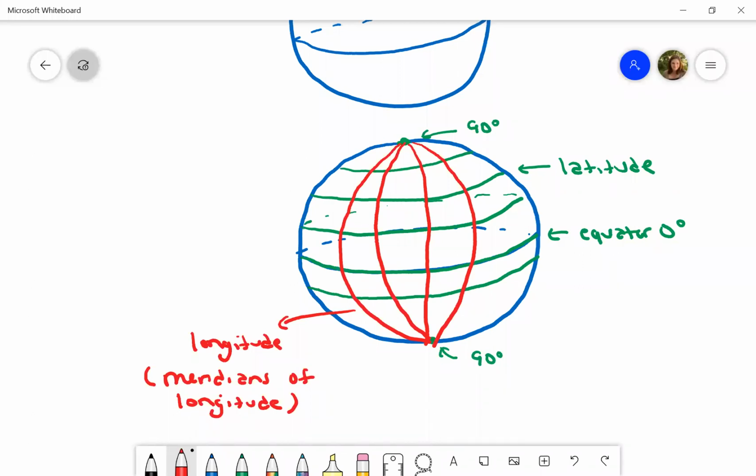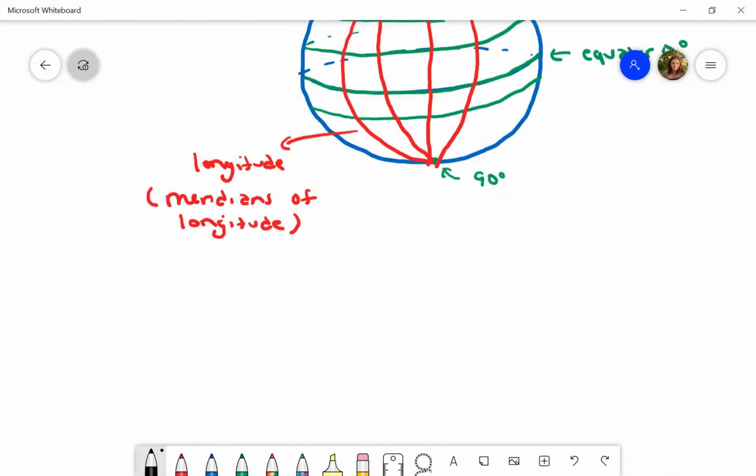And as you can see, it places the Earth in this pattern where we can locate places on the Earth based on the latitude and longitude and the degrees. Now, they do spend a little time, because it's a little bit difficult, talking about map projections of the Earth.